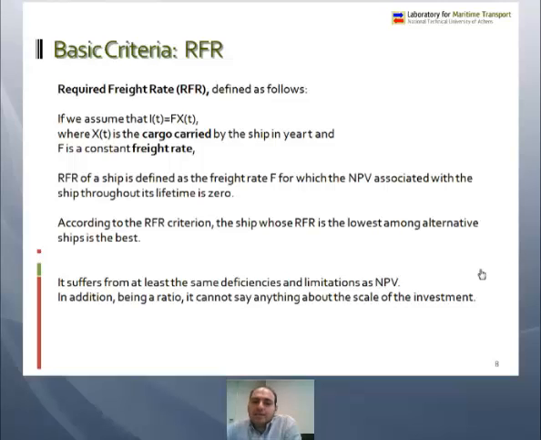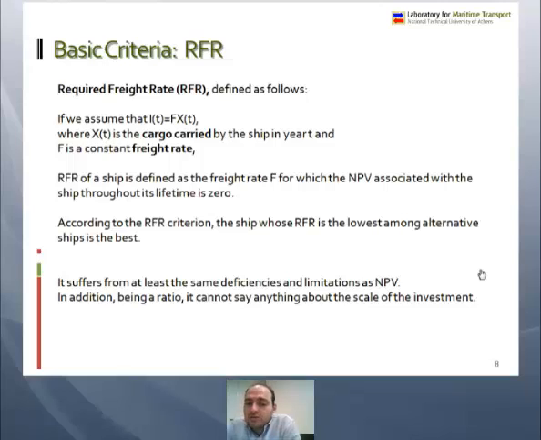This RFR criterion suffers from at least the same deficiencies and limitations as the net present value criterion that I presented before. But in addition, there is another deficiency with this criterion, and it's the fact that RFR is a ratio, and all ratios in general ignore scale.